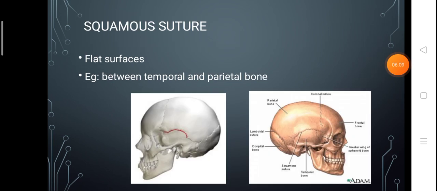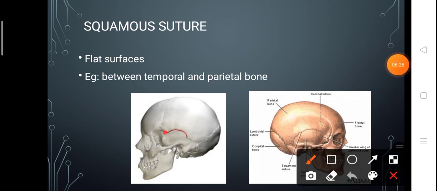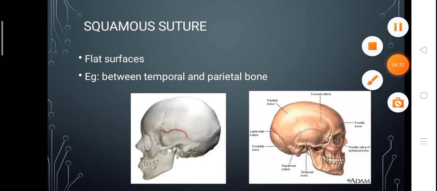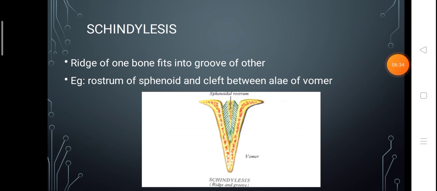Now, what is the squamous suture? Articulating surfaces of sutures are relatively flat and overlap each other. The suture between the temporal and parietal bone is the example.